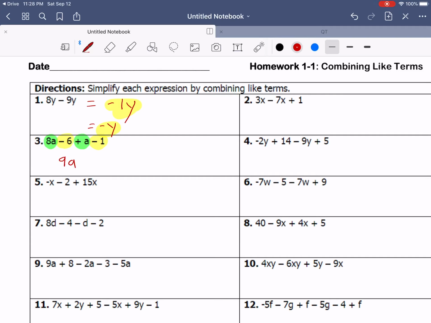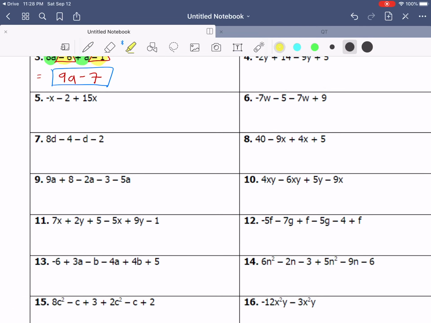Next, negative 6 minus 1, that's going to be negative 7. But now we're going to call it minus 7. So that is going to be our answer. Again, pause your video and try the question on the right.